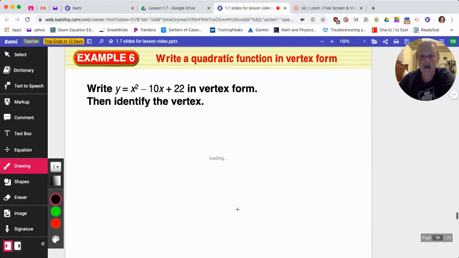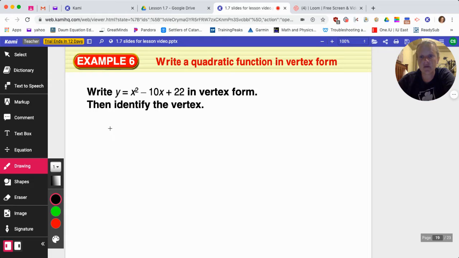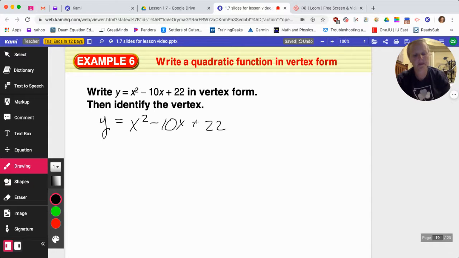So here we have an example, and we're going to write it in vertex form. y equals x squared minus 10x plus 22. Okay, 22 is not a perfect square trinomial.